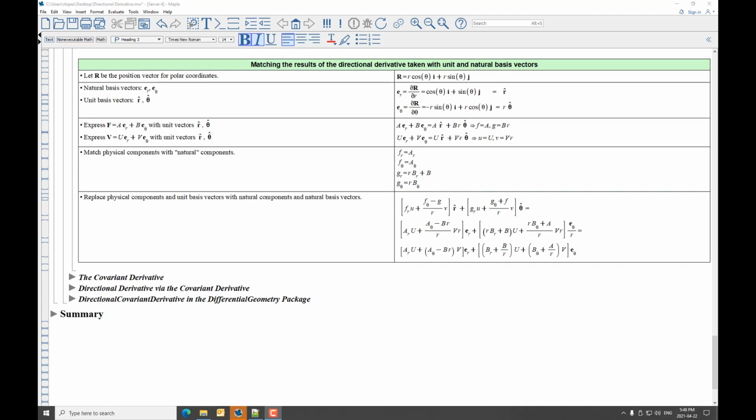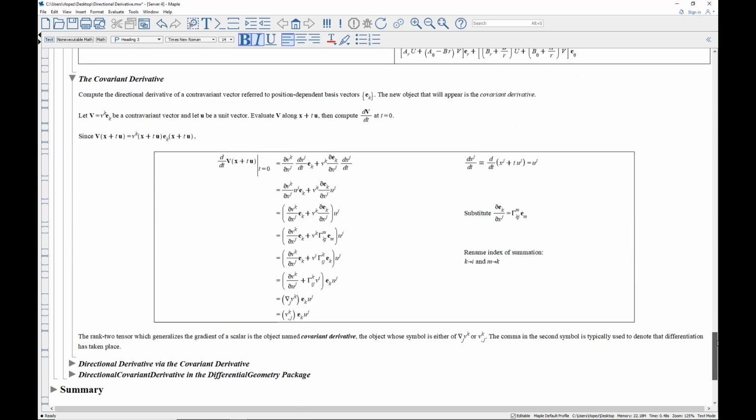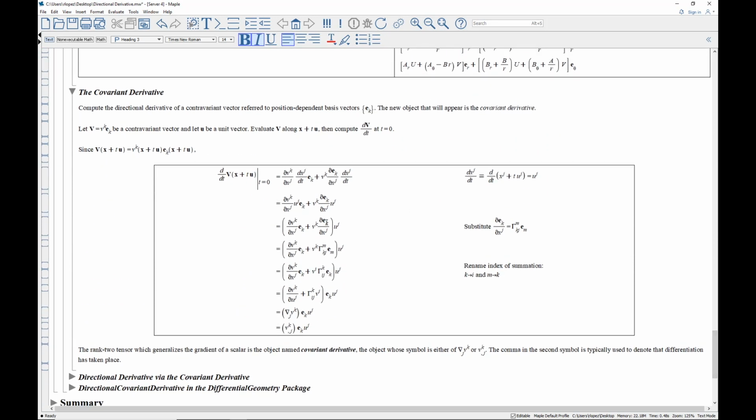And now a word about the covariant derivative, because this is the ultimate test for whether or not we've got things right. So this is a pencil and paper sketch of doing the directional derivative from first principles using basis vectors that are themselves functions of position.